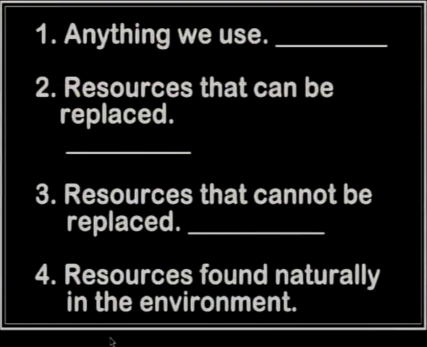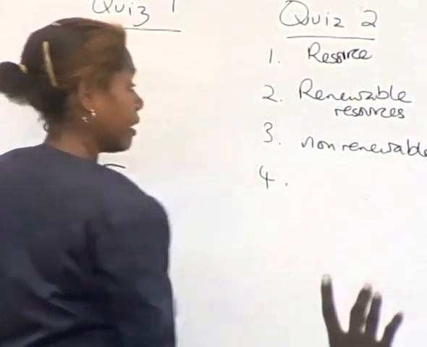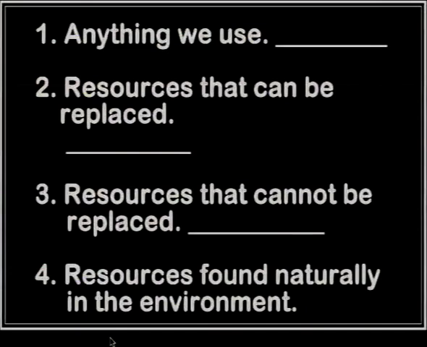Resources that cannot be replaced. Junior? Non-renewable resources that cannot be replaced. And last of all, natural resources. Good.